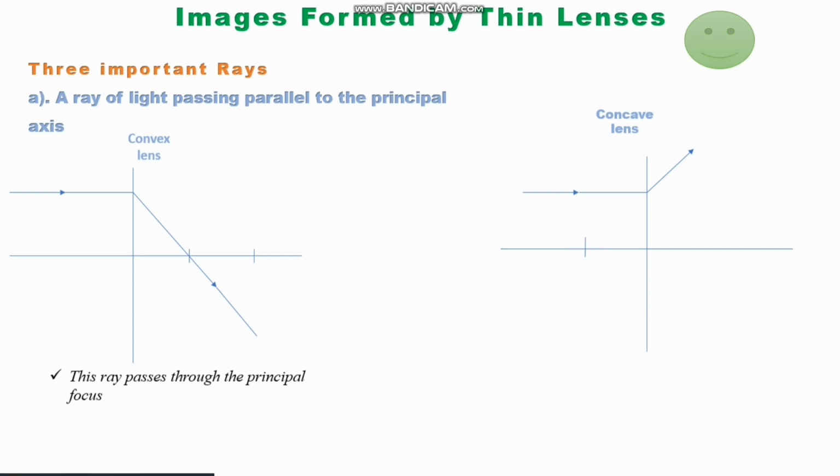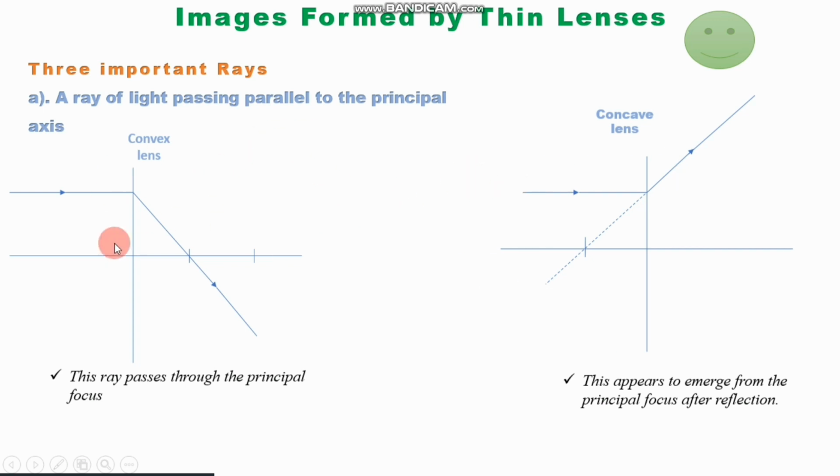So the concave lens diverges the ray, but the refracted ray appears to be emerging from the principal focus, like that. In the real sense, it's not emerging from the principal focus. It is just a refracted ray that was passing parallel to the principal axis.